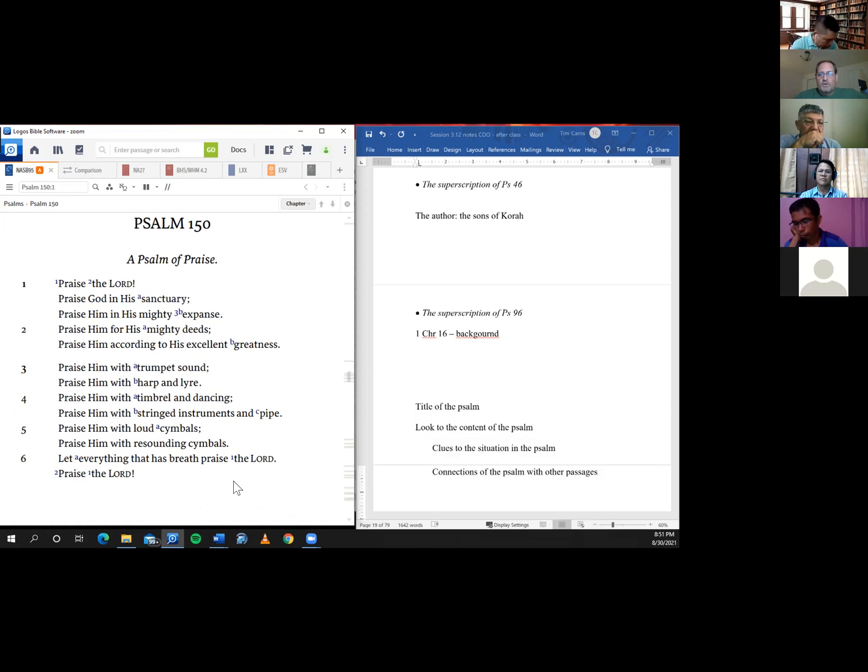So we aren't given all the details of the background context, but we're given enough that we know the purpose of this psalm. We may not know the occasion. It seems to be related to temple worship. The purpose is how to praise the Lord, specifically what to praise him for and how.